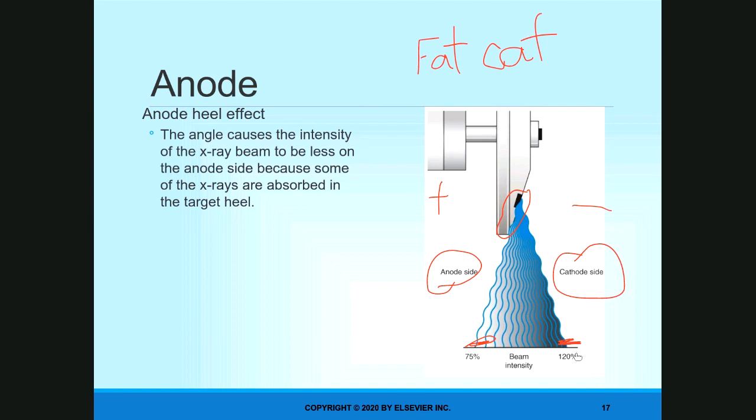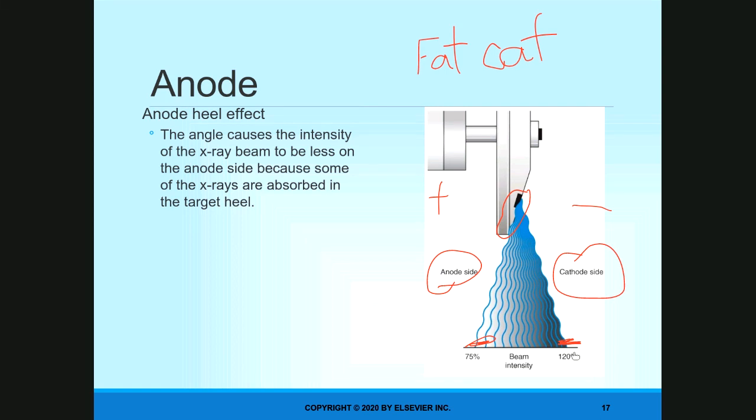Now, pretty much with the addition of digital imaging, it is not as big a factor as it used to be. You typically still would want to place that area of the patient underneath the cathode, but if you didn't, because digital is so much more forgiving than film was, you probably wouldn't have that big of a deal if you didn't do that.